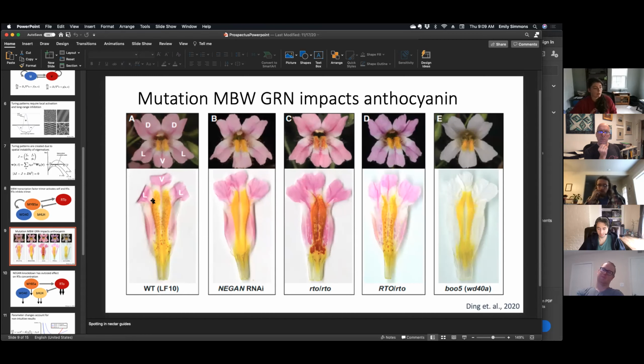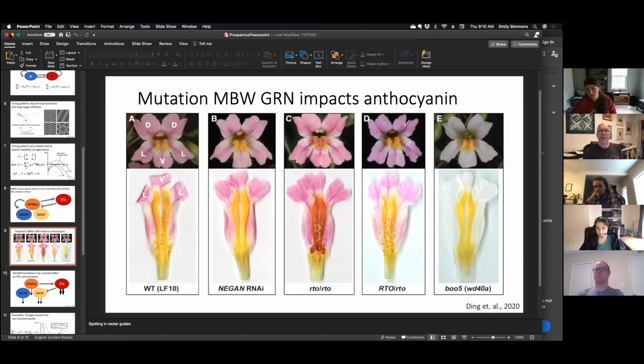And what we're observing and trying to study is how this speckled red pattern is controlled by the transcription factor network in this paper. Now, what I'm studying is more focused on the petals, but for now, we're talking about the nectar guides, which is why we're talking about Negan, because Negan is the MYB in the nectar guide.